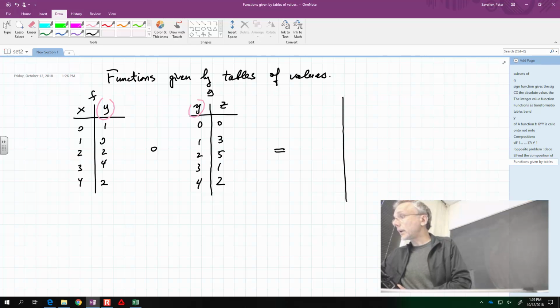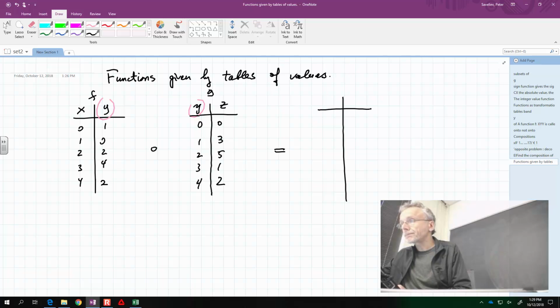So it is a table. What's the name of the first column? x, and of the second? z, yeah. The name of the table, by the way, is a composition, so is it FG or GF?